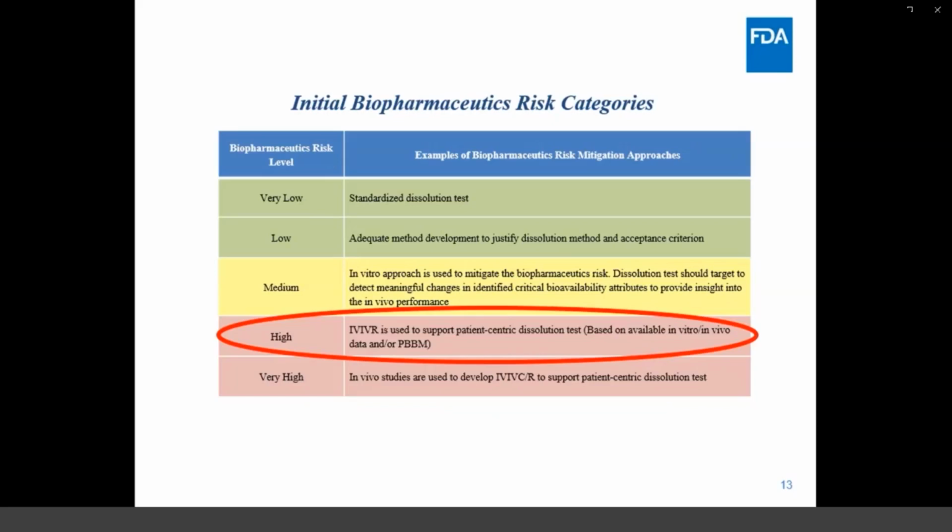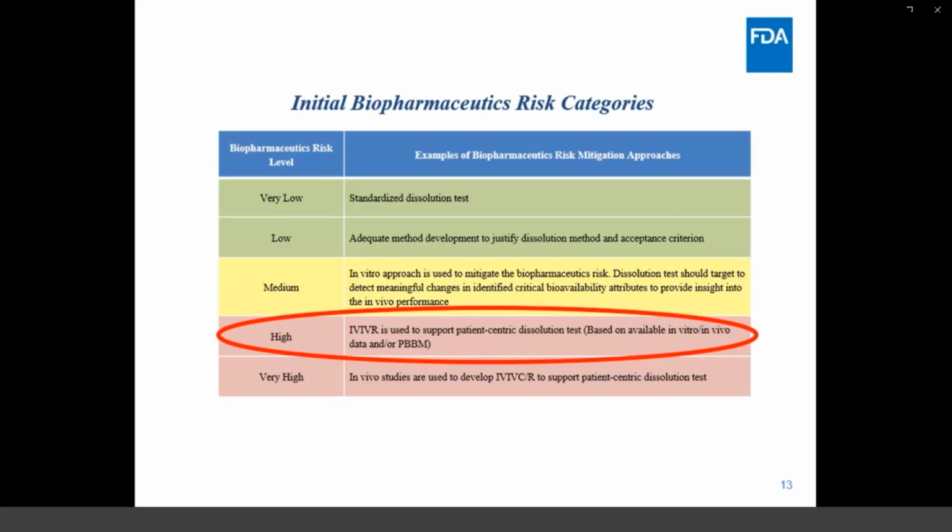For those that have a medium risk, where there is more likelihood of an impact of dissolution and changes in bioavailability, an in vitro approach is used to mitigate the biopharmaceutics risk, and the dissolution test should target and detect meaningful changes in identified critical bioavailability attributes to provide insight into in vivo performance.